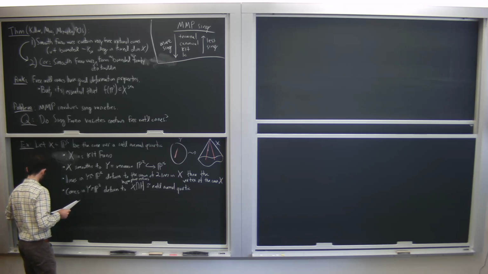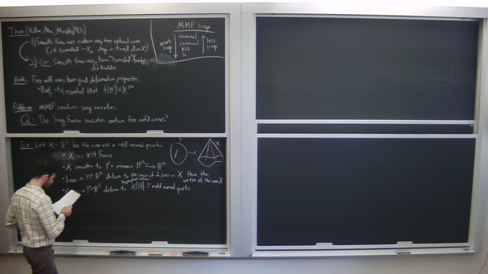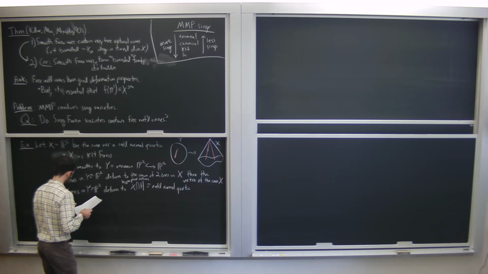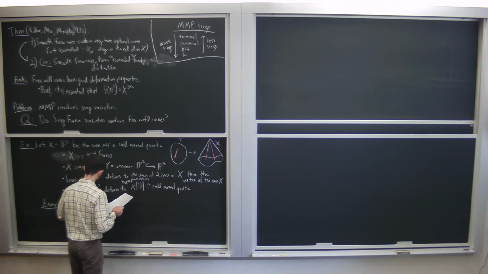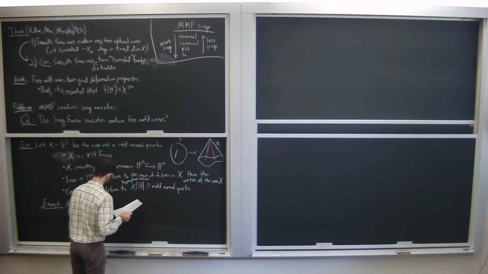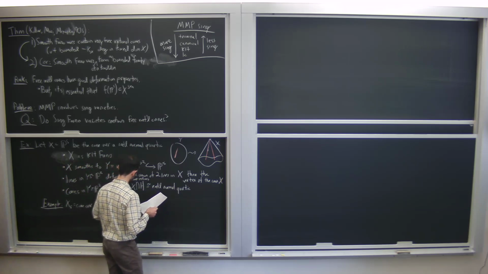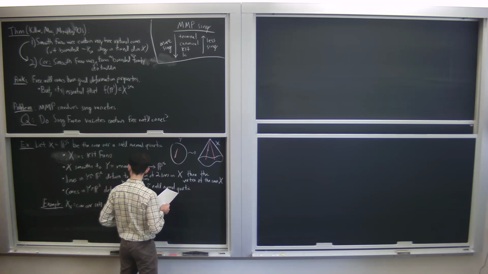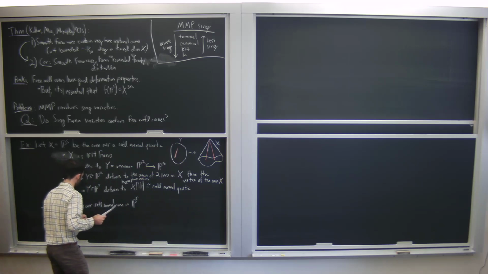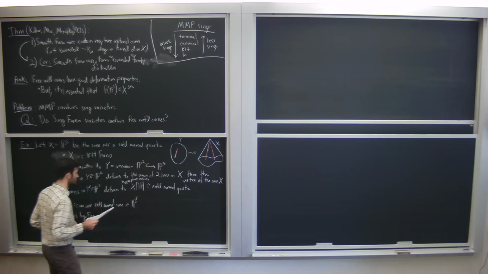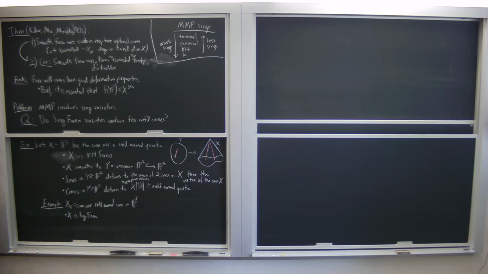So let's give another example, maybe, sort of generalizing this. So if I let X_R be the cone over a rational normal curve in P^R instead, then X_R is log Fano. What I mean is it's essentially KLT. You need to put some log structure on it, include a boundary divisor. This is all fine.